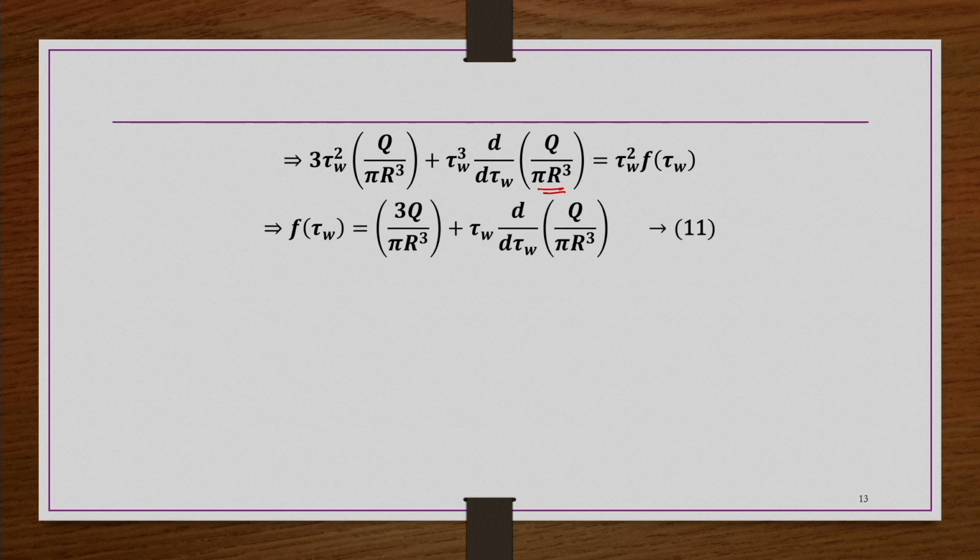So, now f of tau W, if you keep one side, the rest of the terms you take to the other side. So, then what you have, 3 q by pi R cube plus tau W d by d tau W of q by pi R cube. So, now in this equation, in the right hand side both the terms we are multiplying and then dividing by 4, and then for the second term we are using this d ln of x is nothing but dx by x form.